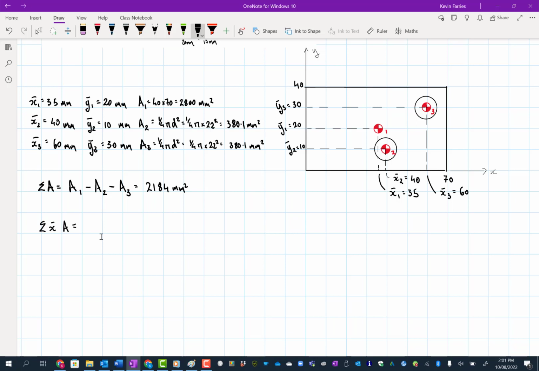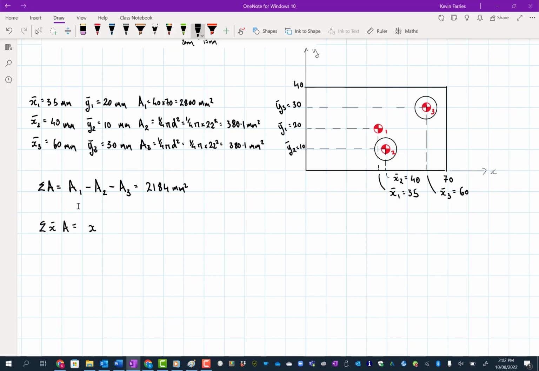For x1, that's the whole plate, so we're going to be adding that on. So it's going to be 35 times 2800, and then we're going to be taking away, it might be better just to write that out so people who are reading this without listening to me witter on know what I'm talking about.